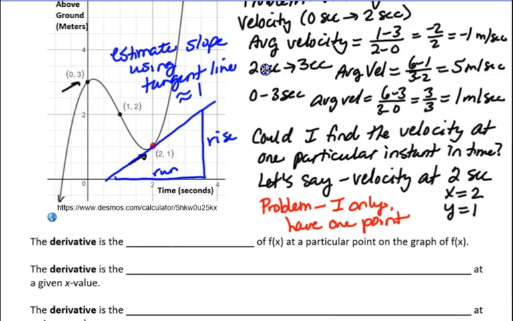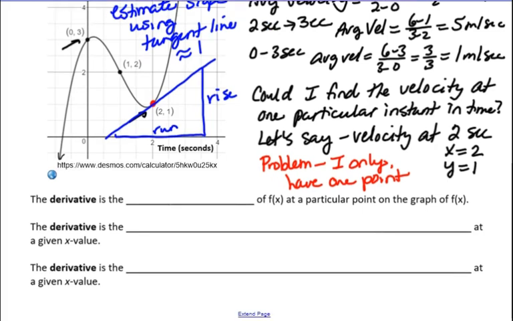So let's define a couple terms, and then we'll look at how to find exactly what the slope of the tangent line is at the point 2, 1, and the slope of the graph. So the derivative is the slope of the function f of x at a particular point on the graph of f of x. We can also say that the derivative is the instantaneous rate of change. Slope is rate of change.